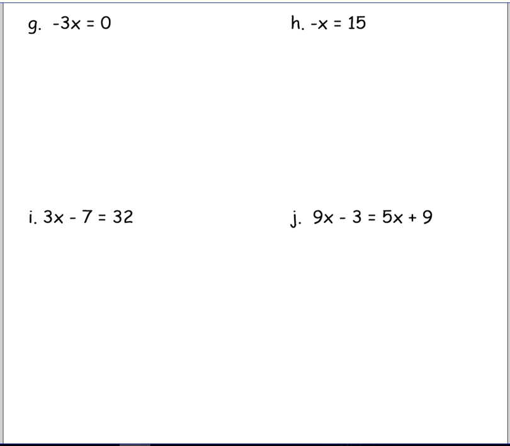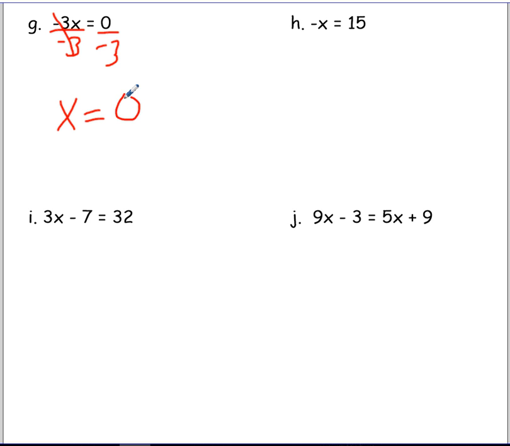Okay, now let's look at a couple more examples. For g, we have -3 times x equals 0. So let's get rid of the -3 by dividing it off. So we need -3 being divided on the right-hand side as well. And 0 divided by anything is 0.